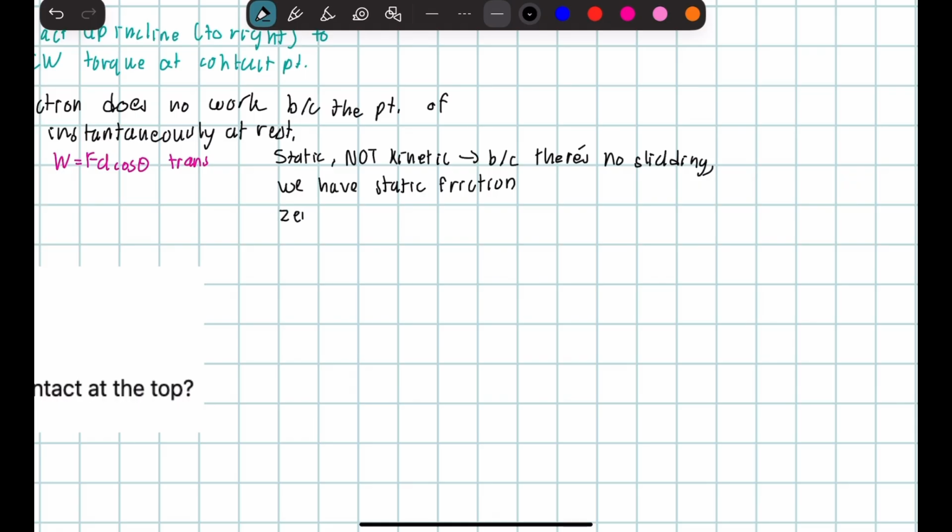And that means we have zero displacement, because if it's not sliding, then there's no displacement at the contact point.